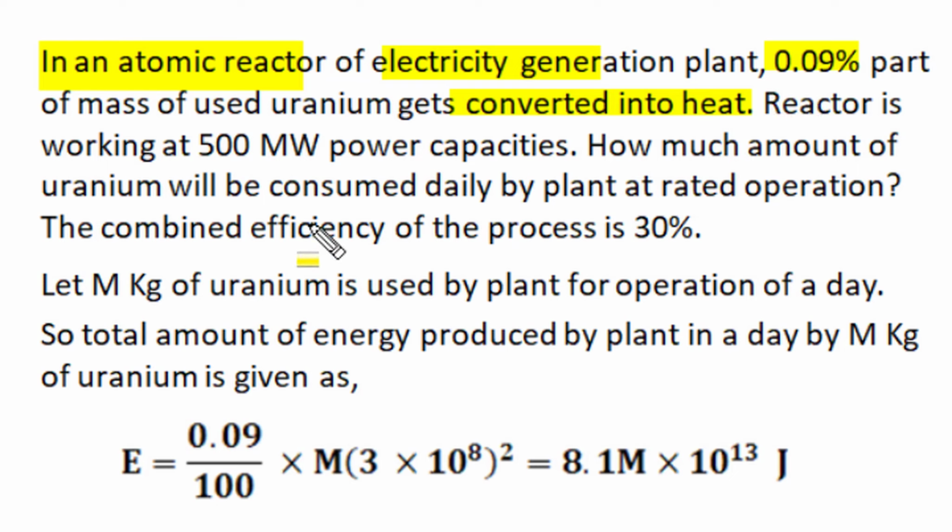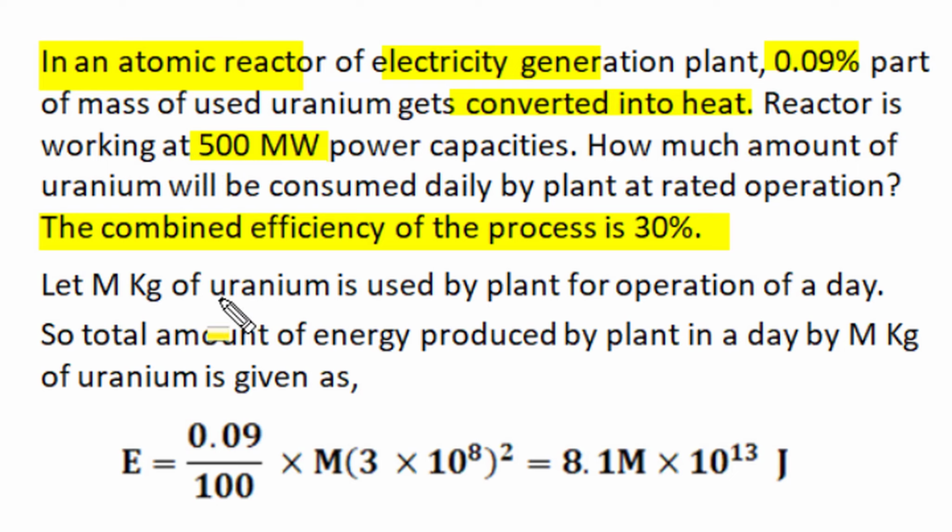Now this reactor has an electrical power capacity of 500 megawatt, and the combined efficiency of the process is 30%. That means out of the total heat produced in the reactor, 30% of that heat gets converted into electrical power output. We have to find out the amount of uranium that will be consumed in the reactor per day when the reactor is operating at its rated 500 megawatt power capacity.